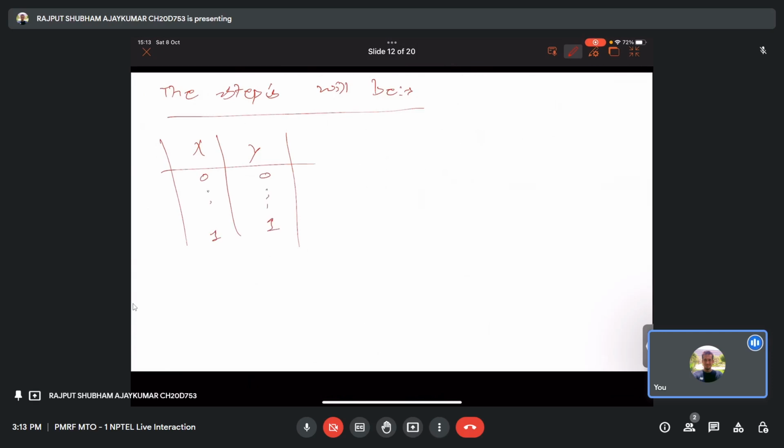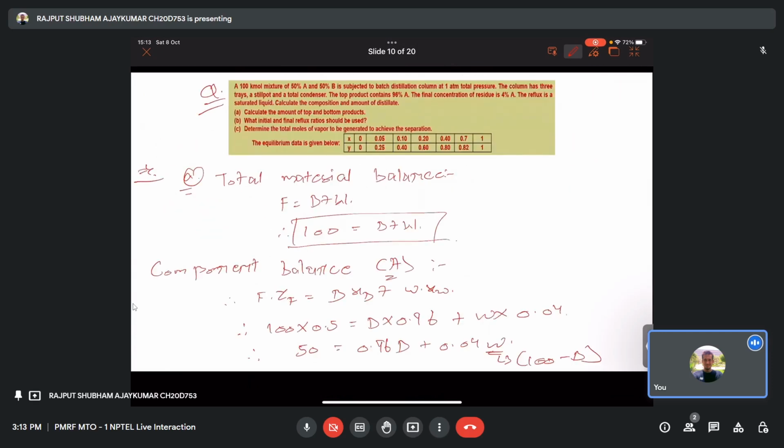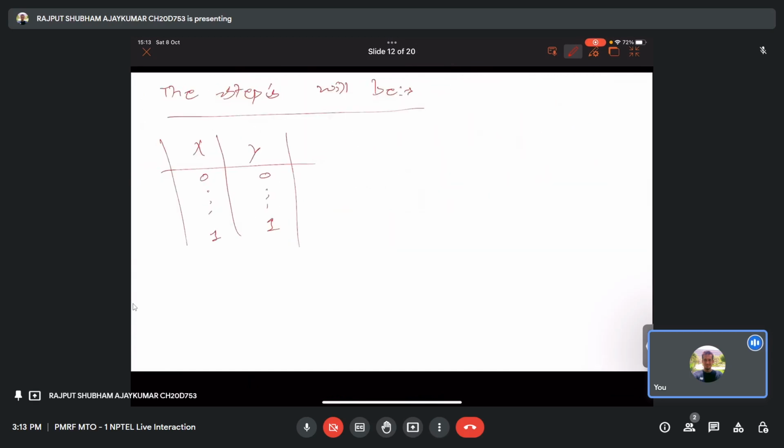The data has already been given to us in the question. So this is the equilibrium data that has been given to us, and then we have to plot the same in the plots. You have to take a graph paper, plot the y-axis here, the x-axis here. This will be a 45-degree line, and if you plot the equilibrium curve, it will somewhat come like this.